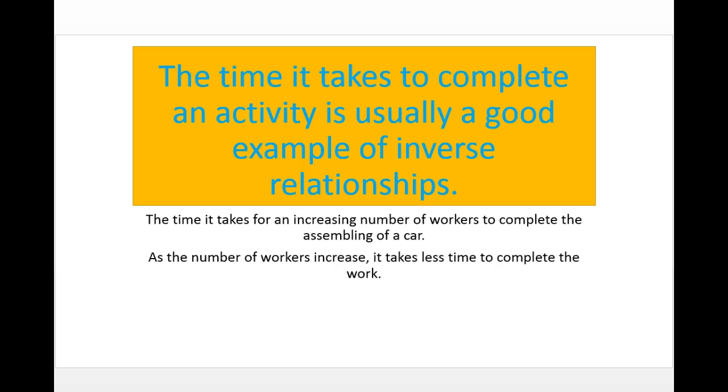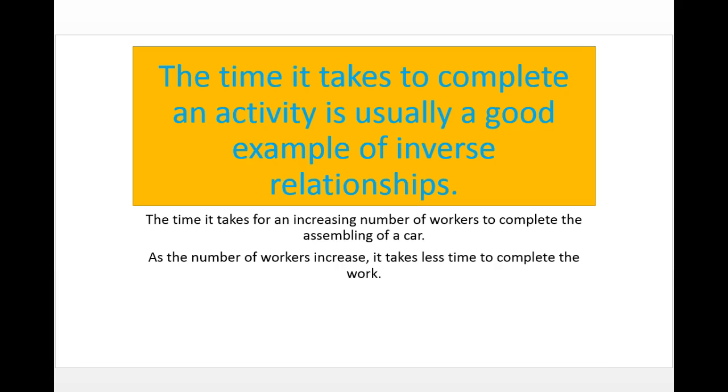For example, the time it takes to complete an activity is usually a good example of an inverse proportionality, because whatever you do, if you increase the number of individuals doing it, the time decreases.